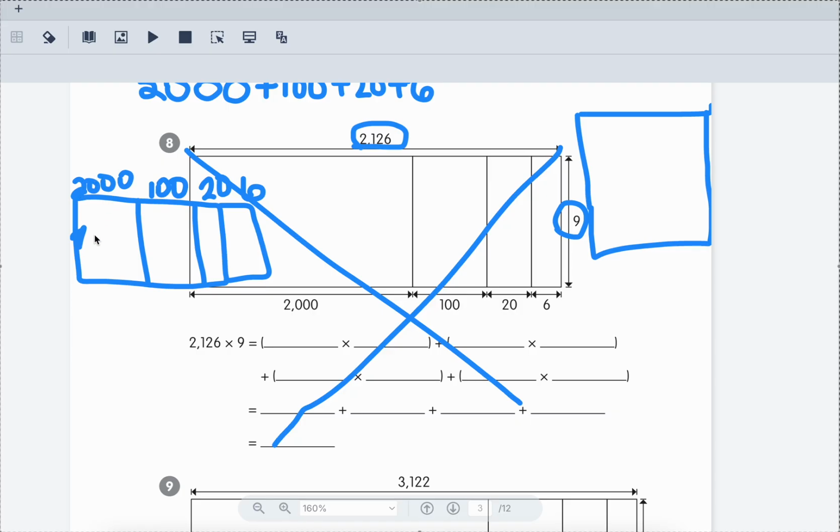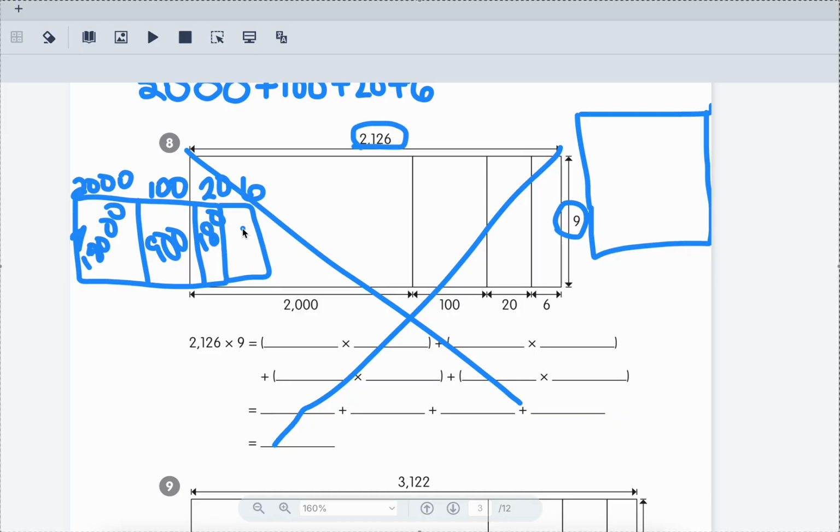18 times 1,000 is 18,000. I'm going to write mine sideways. Now 9 times 100 we all know is 900. Okay, now we're going to do 9 times 20, which is 9 times 2, which is 18, times 10 is 180. Putting that 0 there, right?